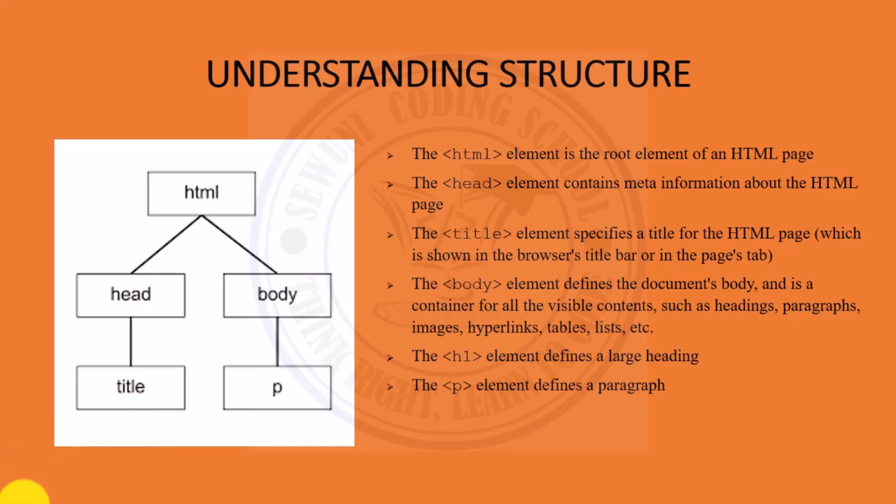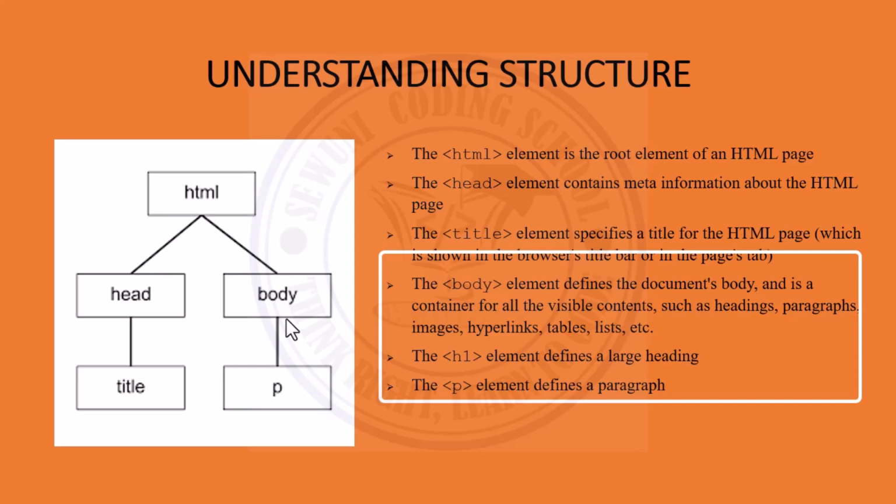All the information in the title is what is shown in the title bar. Any other thing below the title bar is found in the body. So your paragraphs, everything about a paragraph, all the headings, all the tables, all the videos, all the pictures we are going to use are all found in the body.